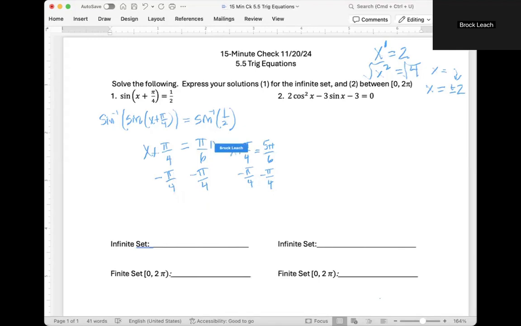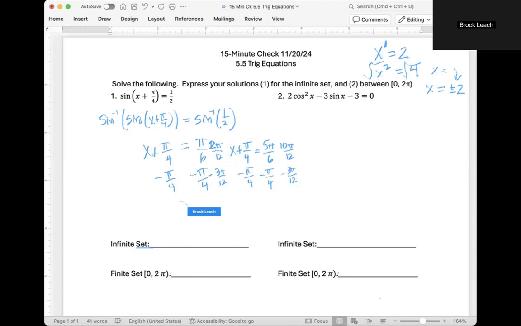So that would be 2 pi over 12, subtracting 3 pi over 12. And this would be 10 pi over 12 minus 3 pi over 12.